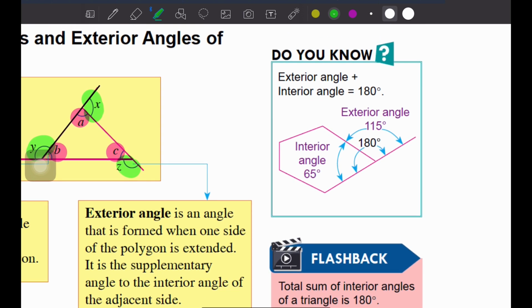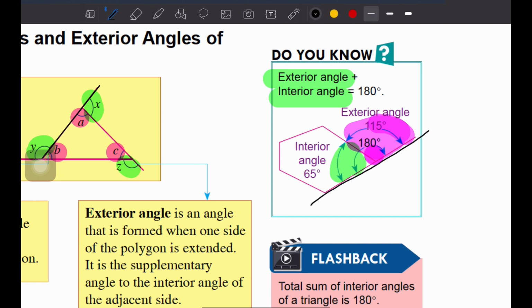This is the relationship between exterior angle and interior angle. Kalau saya tambahkan interior angle 65 with the exterior angle, so interior angle 65 and exterior angle 115, dia akan menghasilkan satu sudut garis lurus 180.